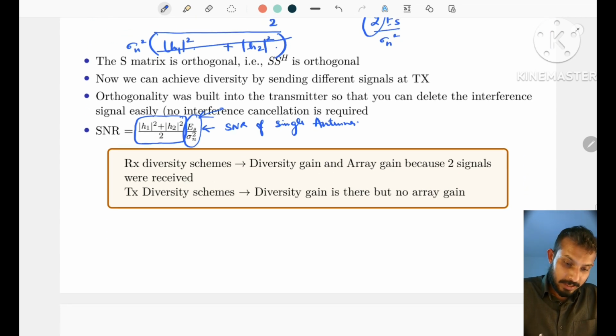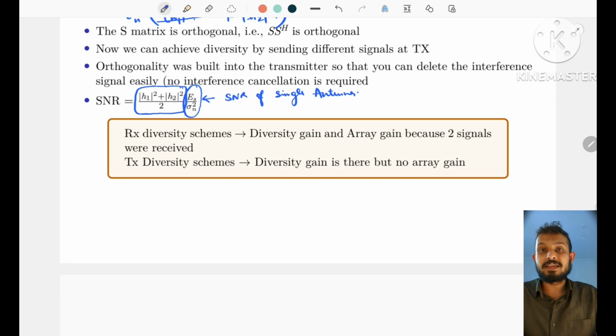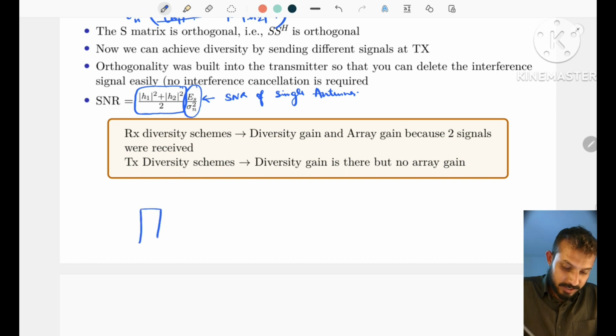So a good way to understand why there is no array gain in transmit diversity and why we have an array gain in receiver diversity is as follows. Let's say you have a transmitter. In case of transmit diversity, you have multiple antennas at the transmitter, and let's say you have one antenna at the receiver. So you have a total power budget of ES.